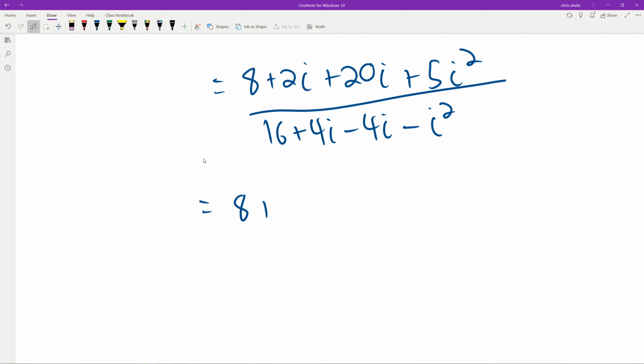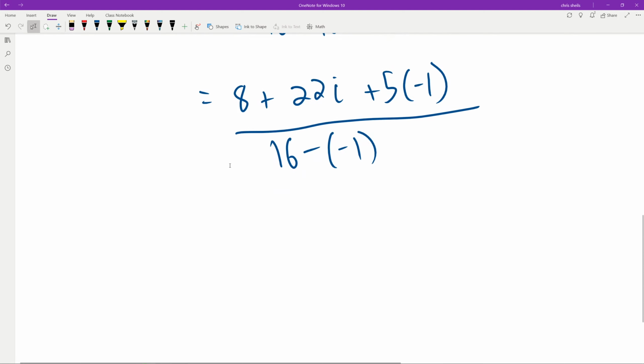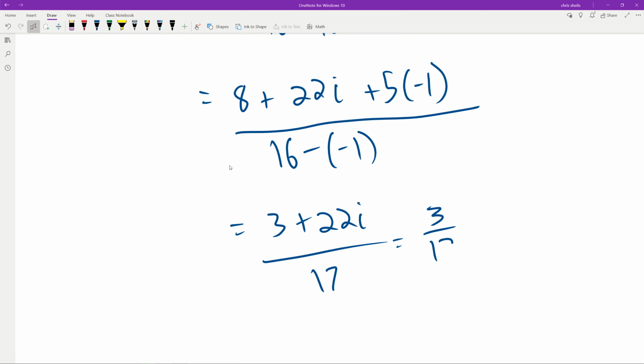So this is 8 plus 22i plus 5 times negative 1 over, 4i minus 4i cancels in the denominator, so I have 16 minus negative 1, because i squared is negative 1. So I have 8 minus 5 up top. 8 minus 5 is 3 plus 22i over 16 minus negative 1, which is 16 plus 1, which is 17. Or we might write this as 3/17 plus 22i over 17. And this will be my answer.